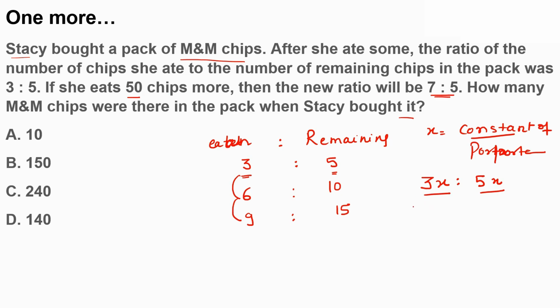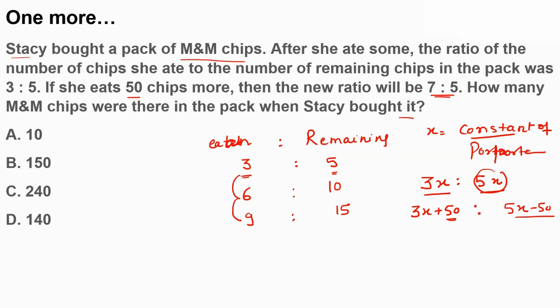She has already eaten 3x, now she has eaten 50 more, so I will add 50 chips. Obviously, my remaining chips are 5x minus 50, because my remaining chips were 5x and she has eaten 50 more, so it should be subtracted by 50.